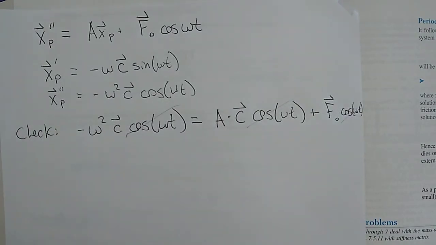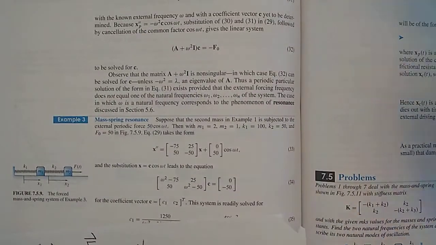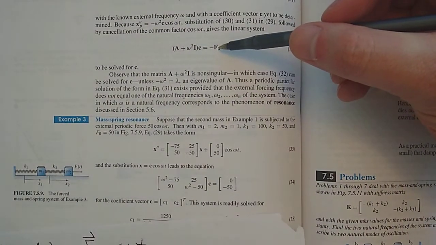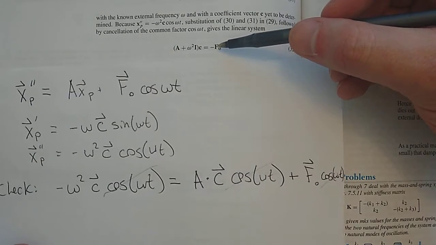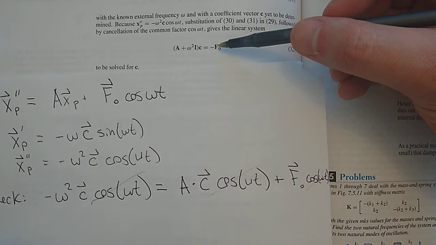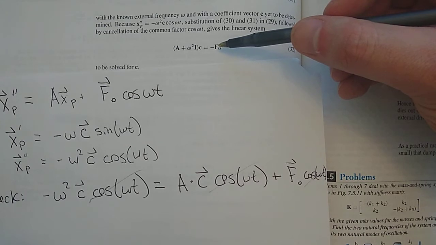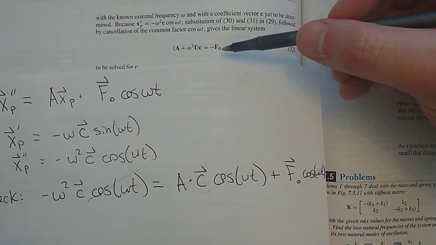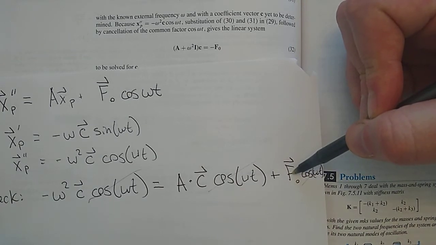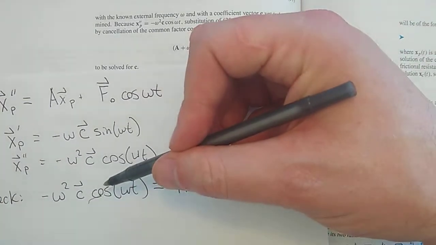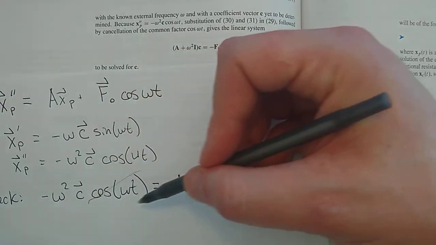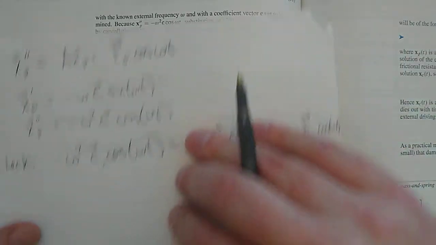And then, right, I'm trying to justify this line. That's what I'm really trying to do. And I think I'm almost there. So I crossed off these cosines, and I think I'm going to move the F naught to the left, and move this to the right.